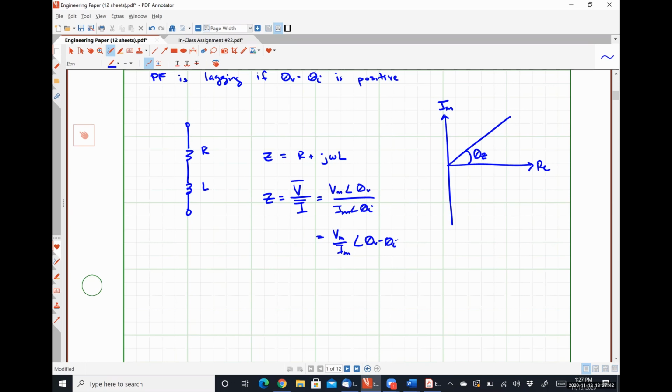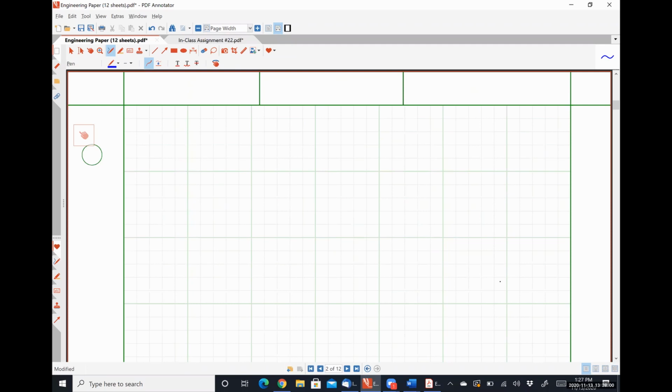So on our graph, we can see that our impedance angle is positive, which means we have a lagging power factor. So anytime we have a resistor in series with an inductor, our power factor is lagging because the angle is positive.